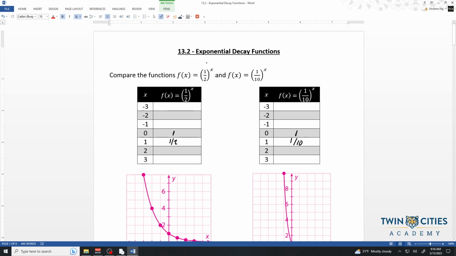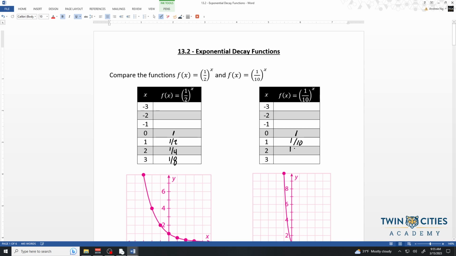And as we increase, so x is 2 now, this is going to essentially say what is 1 to the second power over what is 2 to the second power. So this will be 1 over 4. And then 3, 1 to the third over 2 to the third. This will be 1 over 8.